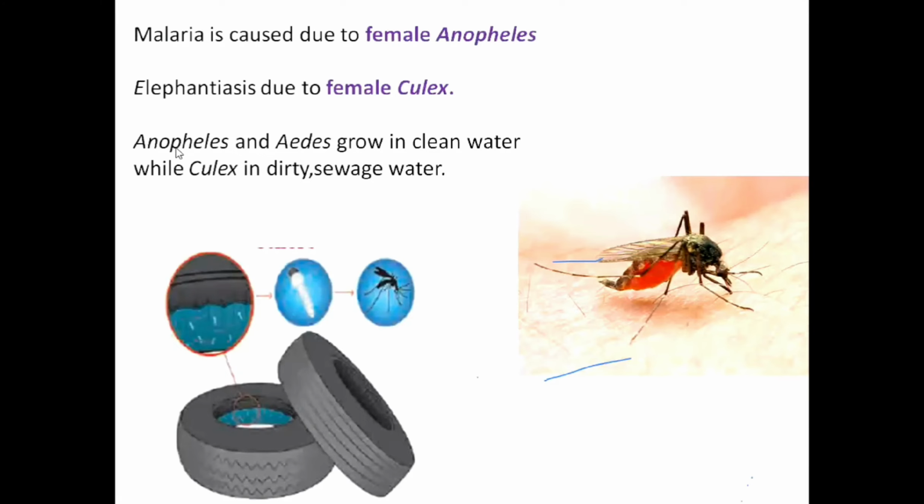Anopheles and Aedes grow in clean water and Culex in dirty or sewage water. It does not mean that only sewage or dirty water is harmful. If clean water is stored, Anopheles and Aedes can grow in it, and from that we can have malaria and dengue.